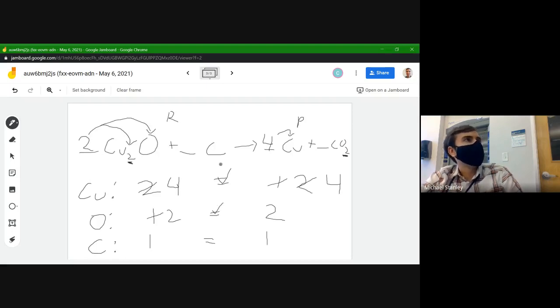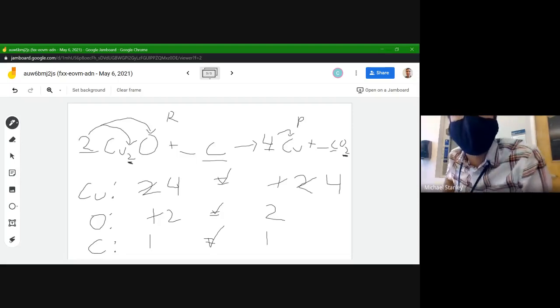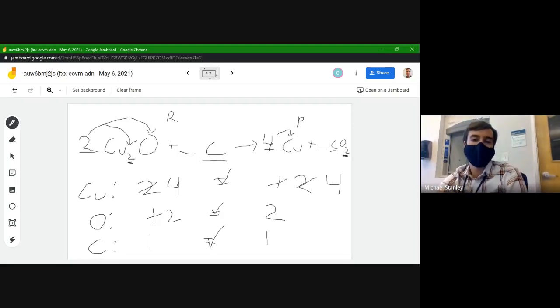We have 1 C on the reactant side and 1 C on the product side. That guy never changed. So now we have a fully balanced chemical equation: 2 Cu2O plus C produces 4 Cu plus CO2. 2 copper oxide plus carbon produces 4 copper plus carbon dioxide.